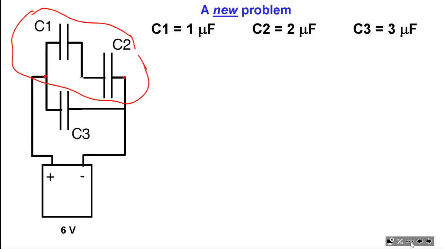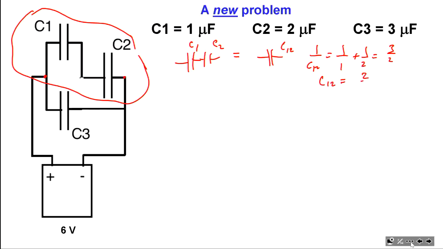And this is the part which tells us these two capacitors, C1 and C2, are connected in series. So we can replace them with one capacitance. And to do that, we have to apply again the rule, and get 3 over 2, so C12 is 2/3 microfarads.